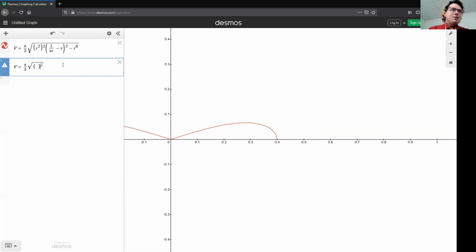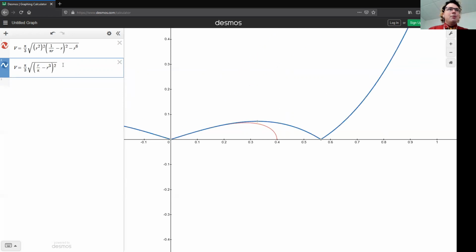First, I'll take the square of the quantity r divided by pi minus r cubed. I have to subtract off r to the power 6. And once again, very same formula, very same function, just a little bit of algebraic massage.